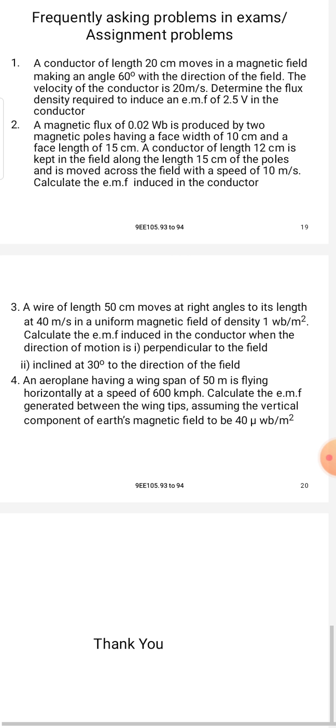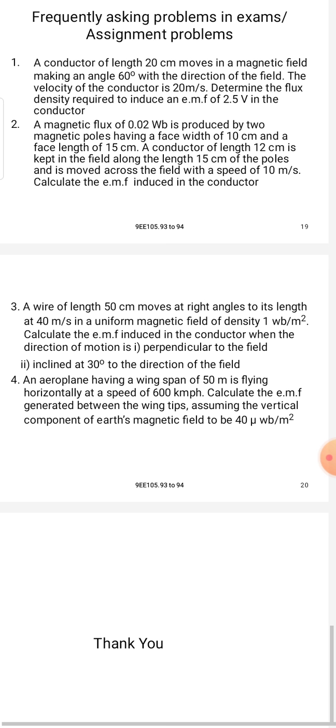The formula for dynamically induced EMF is E is equal to BLV sin theta. The induced voltage, angle and velocity are given, so you find the flux density B. Simple formula, you directly substitute in the formula.